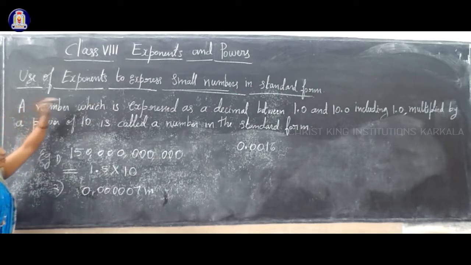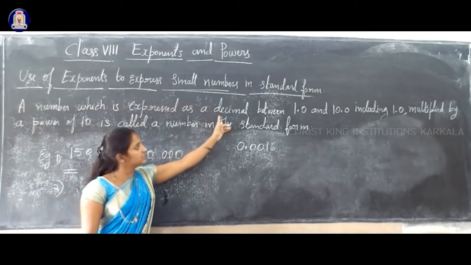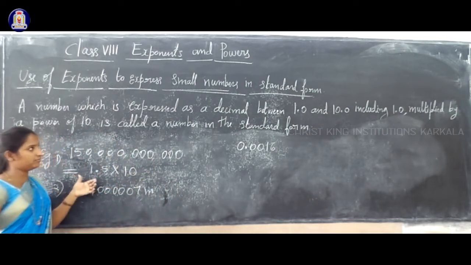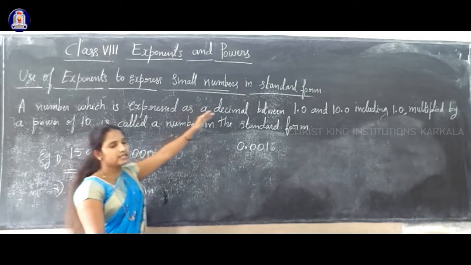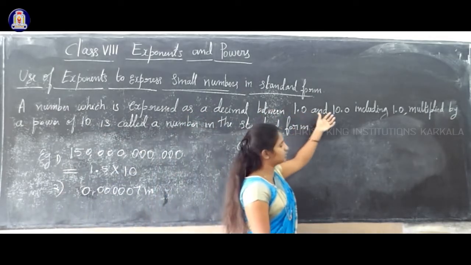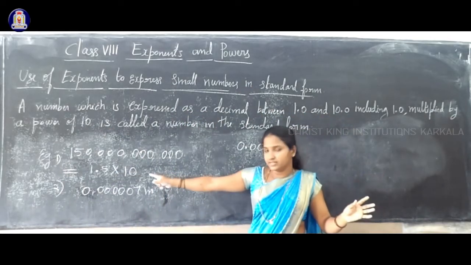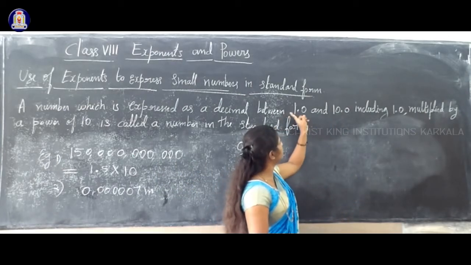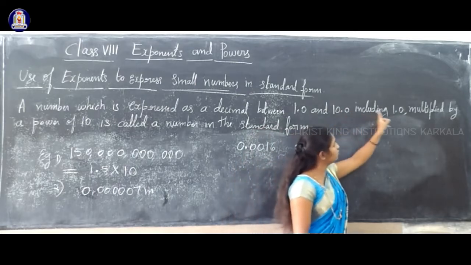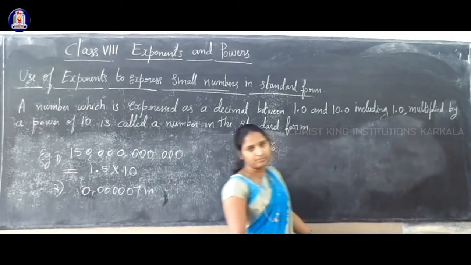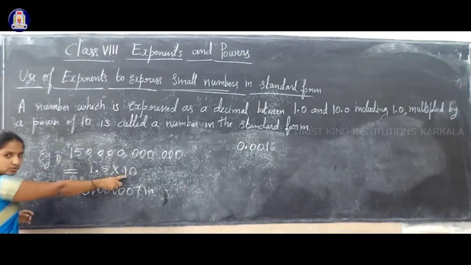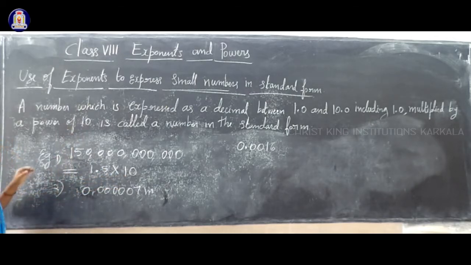This is a number which is expressed as a decimal between 1.0 and 10, 1.5, which is between 1 and 10, isn't it? Between 1 and 10, including 1, multiplied by a power of 10, 1.5 into 10. So this is standard form.